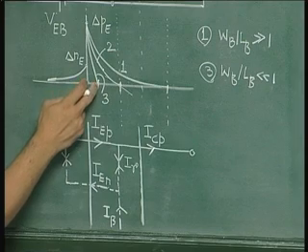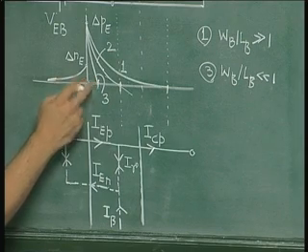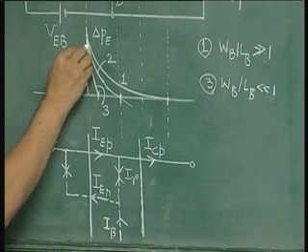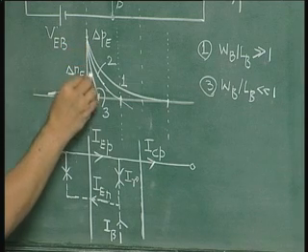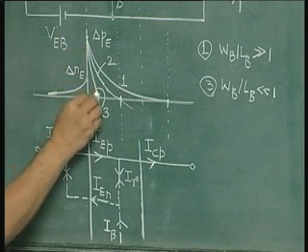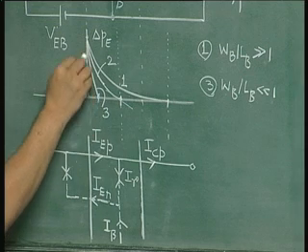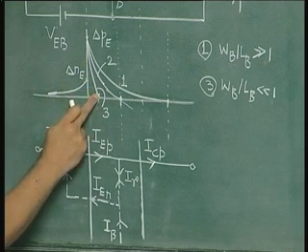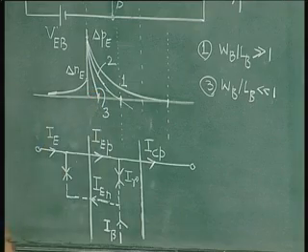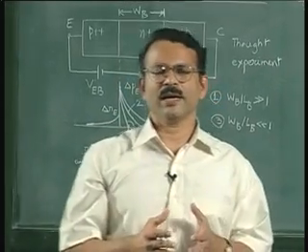For case 3, what we will find is that the slope here at the emitter junction and the slope of the hole distribution at the collector junction are almost the same. So this looks like a straight line for very small base width. You can understand this also in a different way as follows.